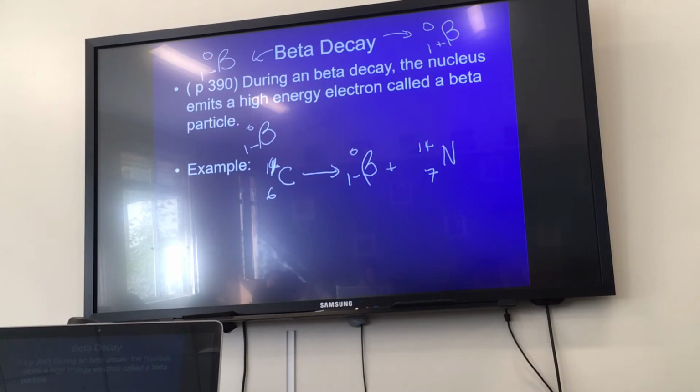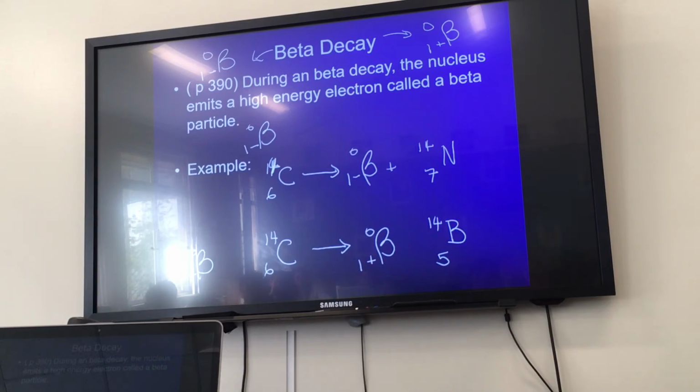So if carbon undergoes beta negative, it turns into nitrogen. If carbon undergoes beta positive, then I need 5 plus 1 to give me 6, and that is boron. And I write it like that.